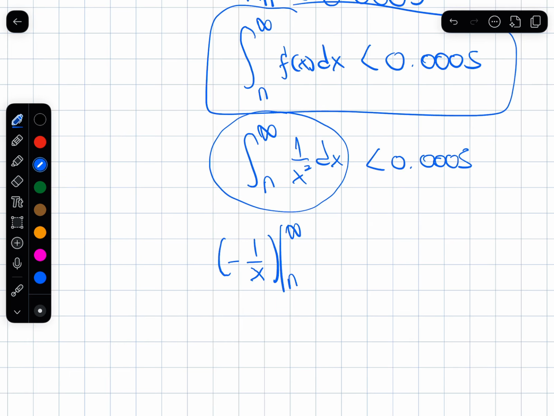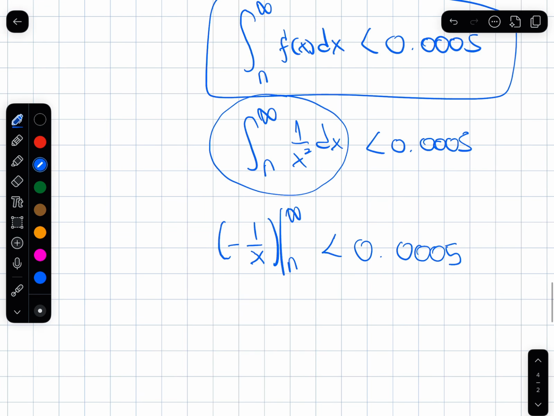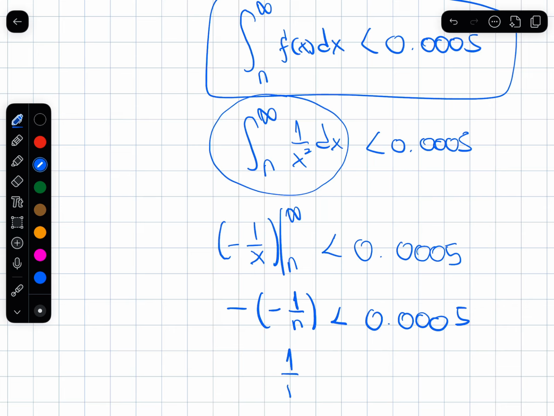It needs to be less than this. How many zeros was it? Yes, 3 zeros after the decimal point. When you plug in infinity, or basically take a limit, this is 0. This is minus 1 over n then, so you need 1 over n to be less than this number.